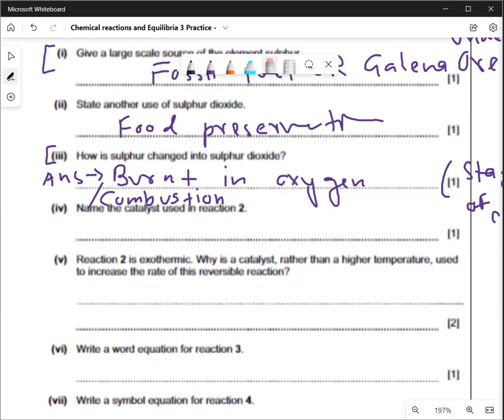So combustion is when carbon reacts with oxygen, but it's not just for carbon, it's for everything. Whatever reacts with oxygen is called combustion. Is that clear? Yes, makes sense. So combustion was reacting with oxygen.